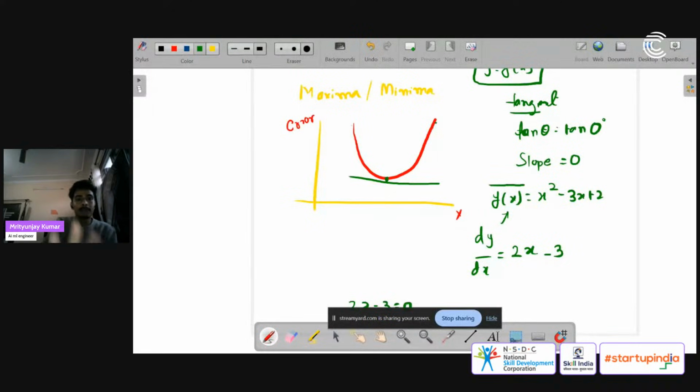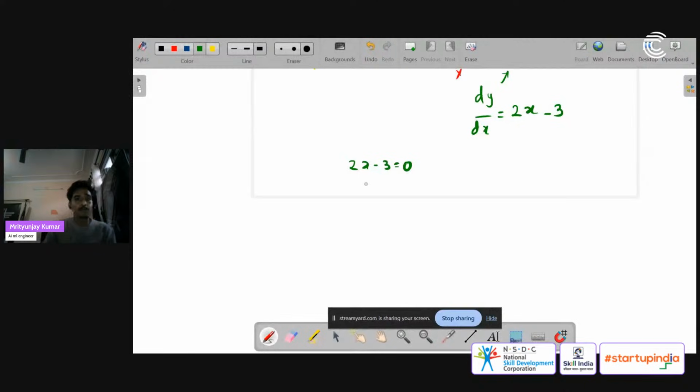I am just explaining minimum and maximum, focus on that. I will explain in linear regression in depth how the mathematics works in AI. So x is 1.5, right, 1.5.